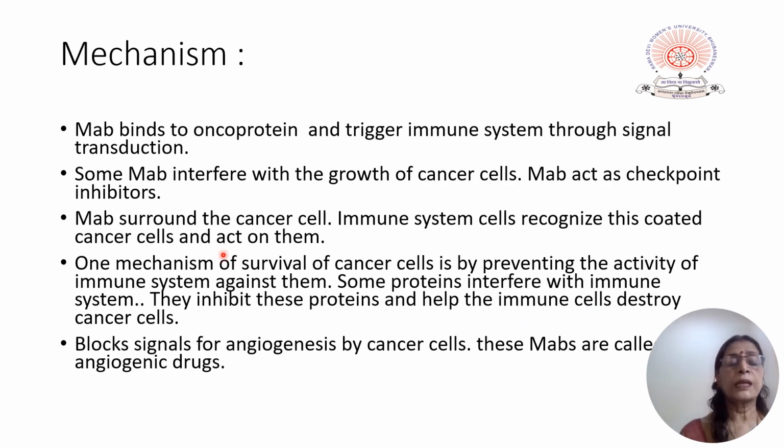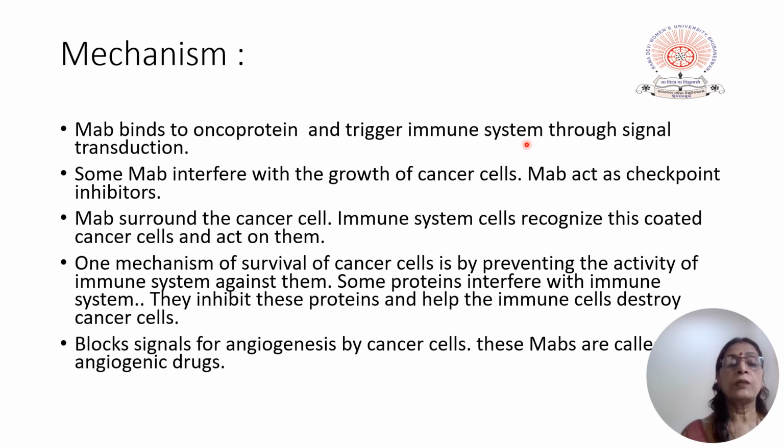So what is the mechanism by which MAB acts on the cancer cell? There are several mechanisms. One is that MAB binds to the oncoprotein produced by cancer cells, and the binding between the cancer antigen or the oncoprotein and the MAB triggers the immune system.